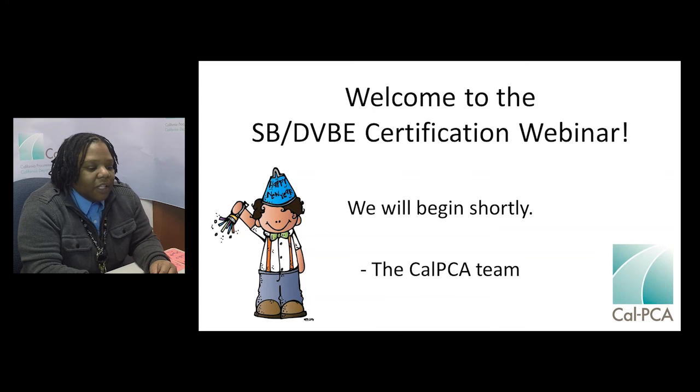This webinar is about getting certified in Cal eProcure as a small business or a disabled veteran business, or DVBE, which is a new online portal designed to improve the experience of businesses selling products and services to the state of California.